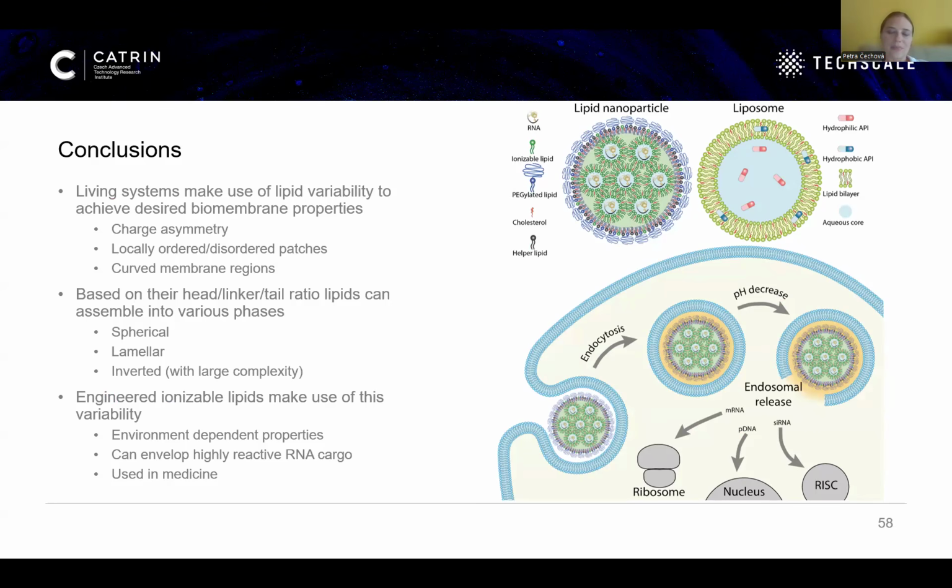Because of this variability, lipids can make different shapes and forms, and very complex multi-dimensional assemblies. And we as humans took advantage of that and engineered lipids that actually can be used to deliver pharmaceutical cargo, medical compounds.